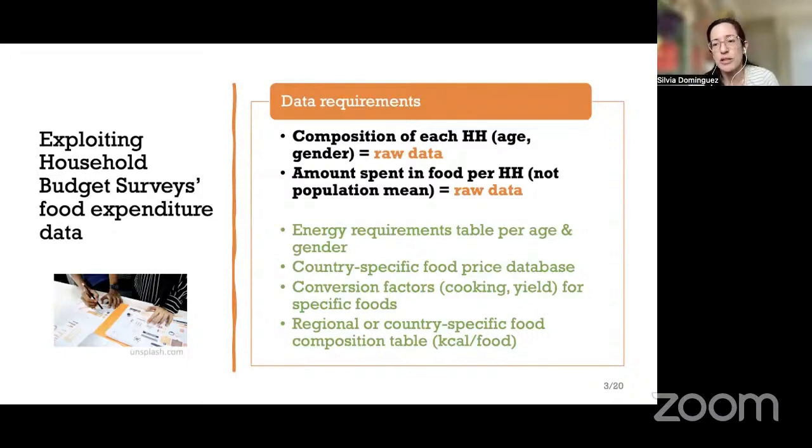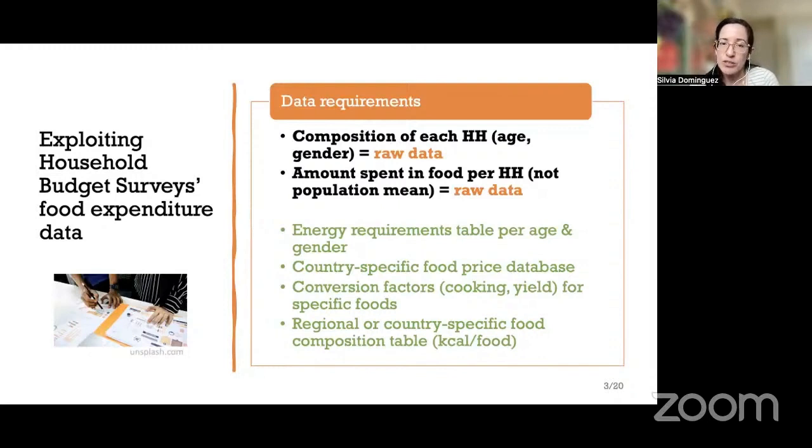So again, at this point, it's not what we're looking for to have aggregated results like a mean amount spent by the entire population. We want to have the amount spent in food per household. So as you can imagine, having access to this type of data is not necessarily easy, but it's likely that it is available. So we should try to exploit it.